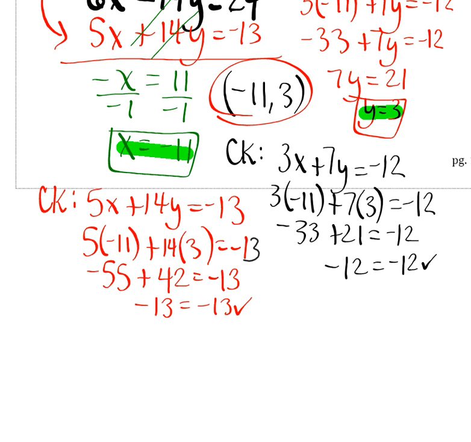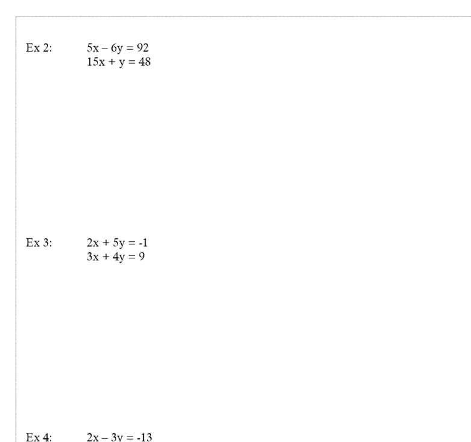Okay, let's try another one. Turn your page, and we are at example 2. And looking at my x's and my y's, the question is, which of the two variables should I eliminate? If you can eliminate one of the variables by just multiplying through one of the equations by a number, that's what you want to choose.